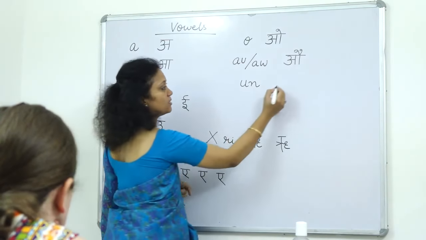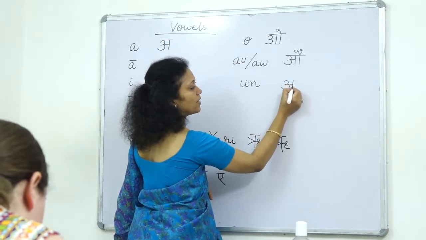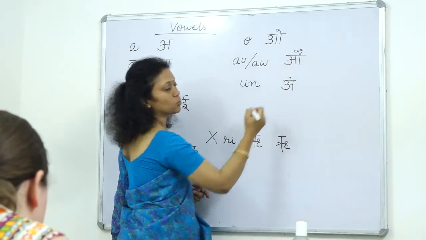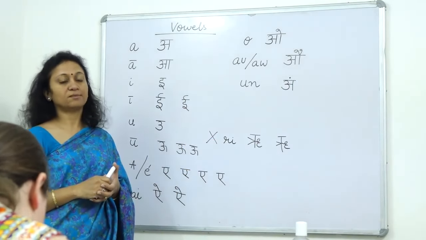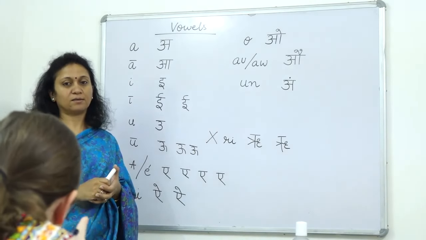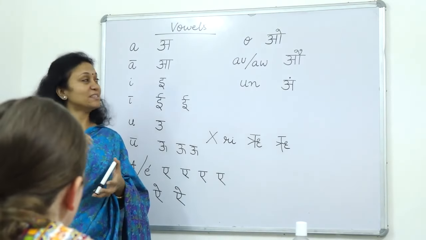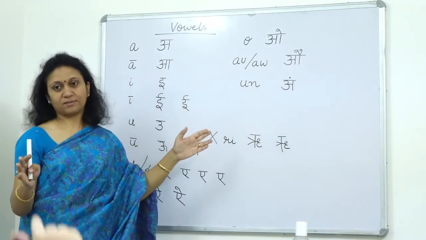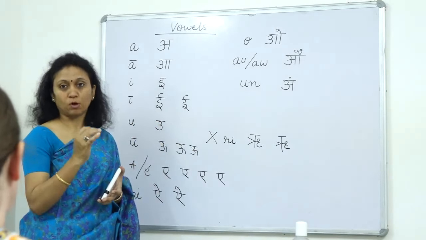For that you write, once again, the same 3, horizontal and 1 vertical, and this time a dot on the top. Right in the middle. That's right. So if I was writing this letter, it would be in there. We'll see, because when you join these vowels with the consonants, it's a little different. But it's based on this one. Absolutely. The sound is the same. Right? So it's a nasal sound.